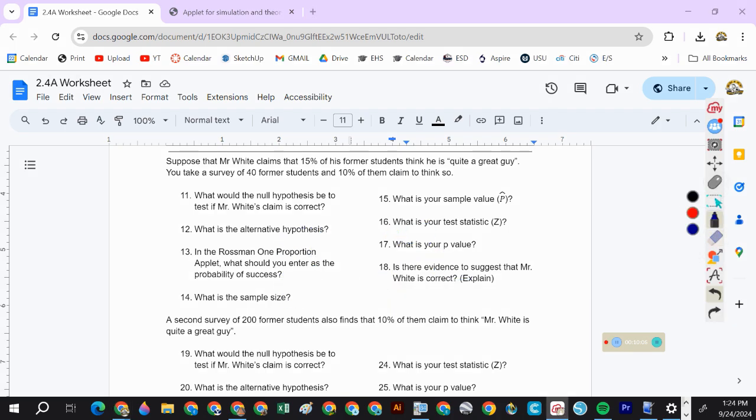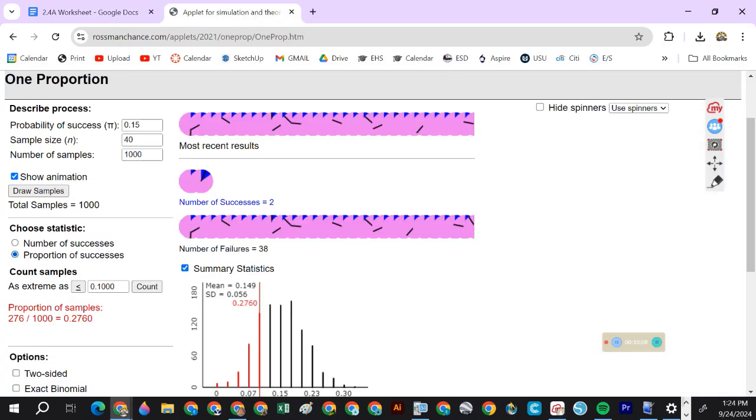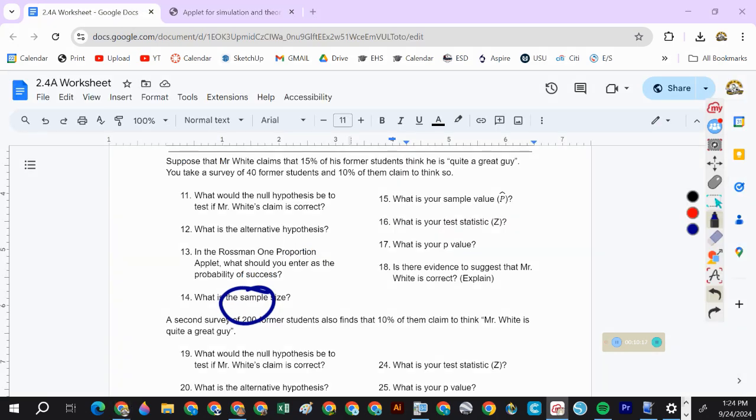And what was the p-value? So in both cases, the p-value is 27.6%, which means we accept H naught, and we think that the 15% sounds plausible.